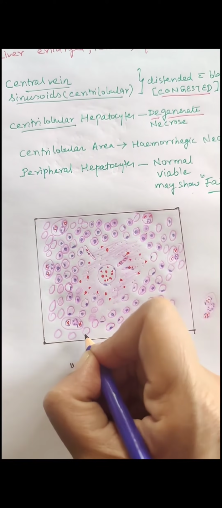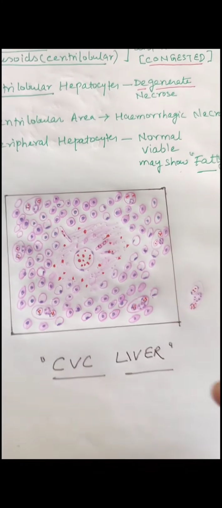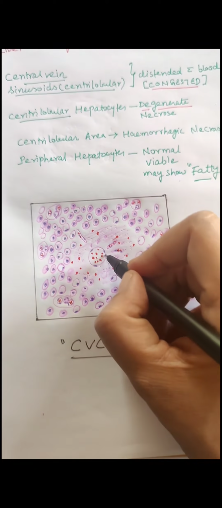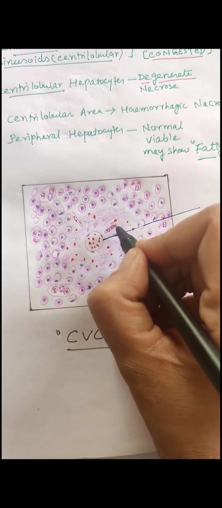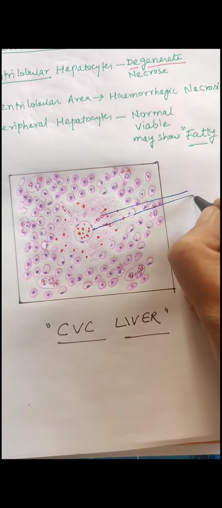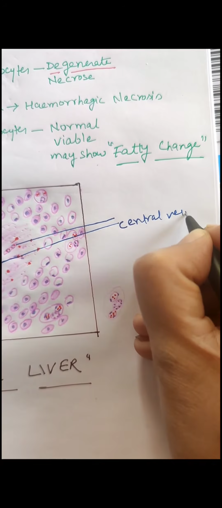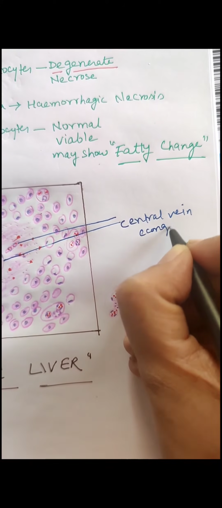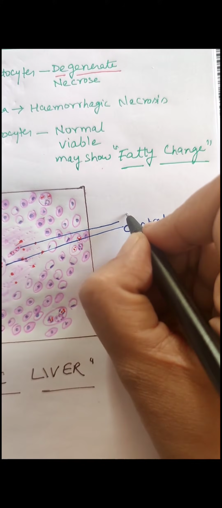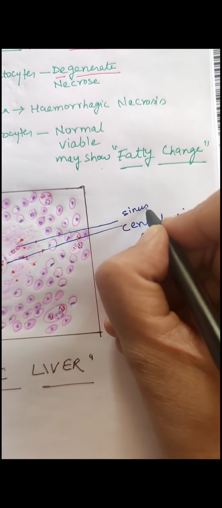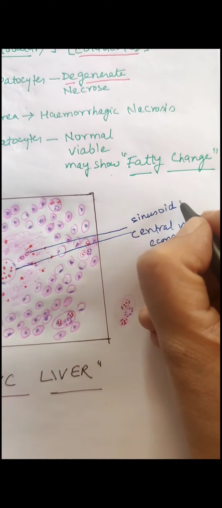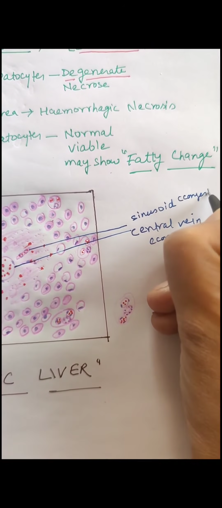In the last, we'll do the labeling. So this is the congested central vein and congested sinusoid. And sinusoids which are congested.